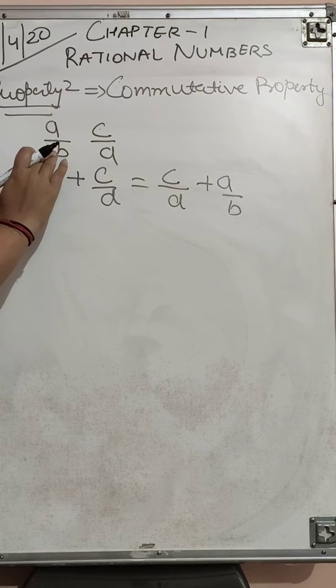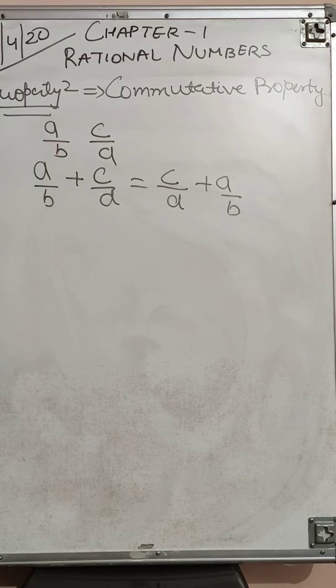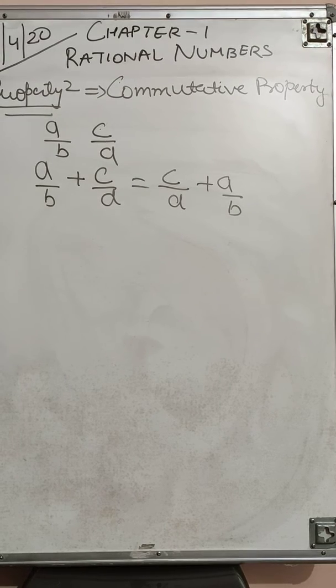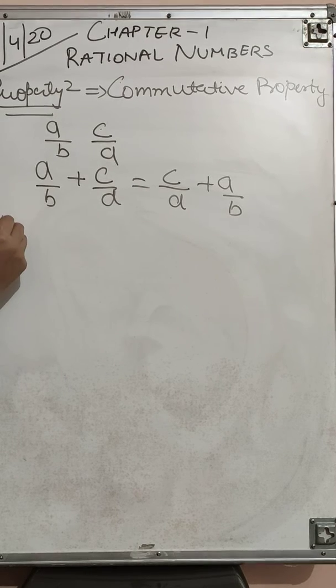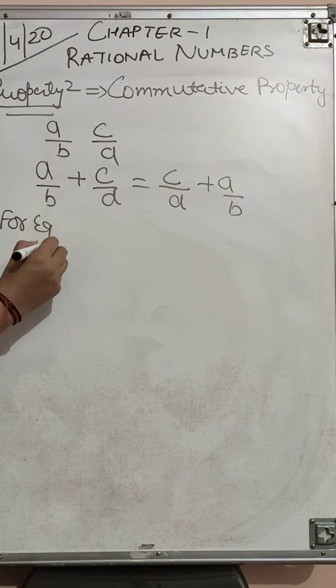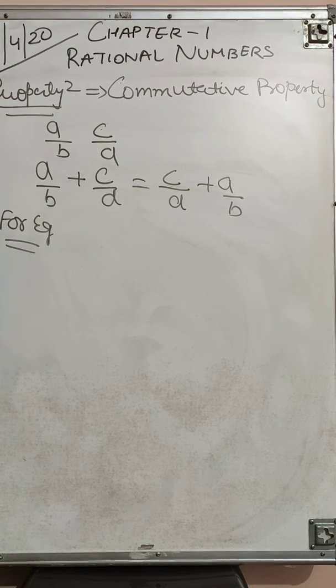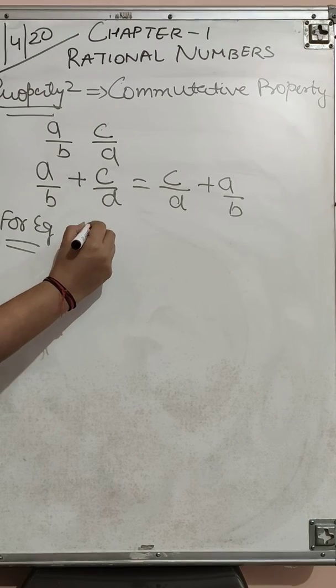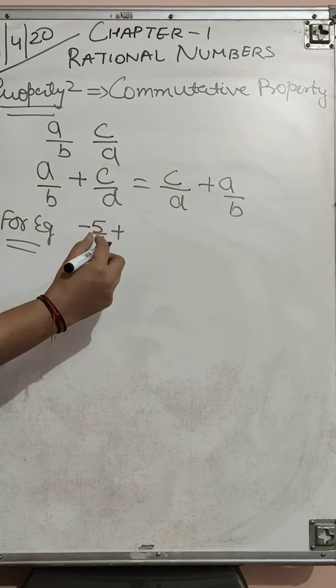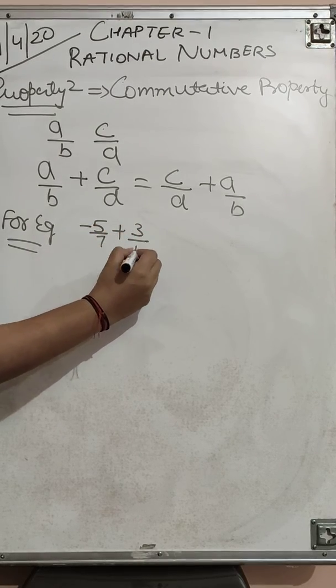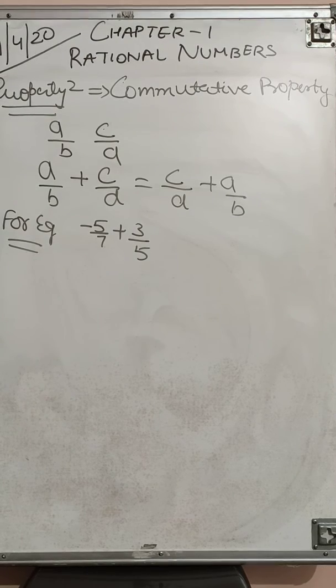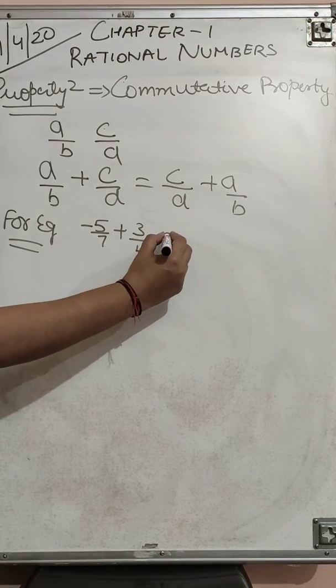As we have already studied these properties in the integers, the same we have to study in the rational numbers also. If I take an example, for example, minus 5 upon 7 plus 3 upon 5. So how are we going to solve it? We are going to take the LCM.